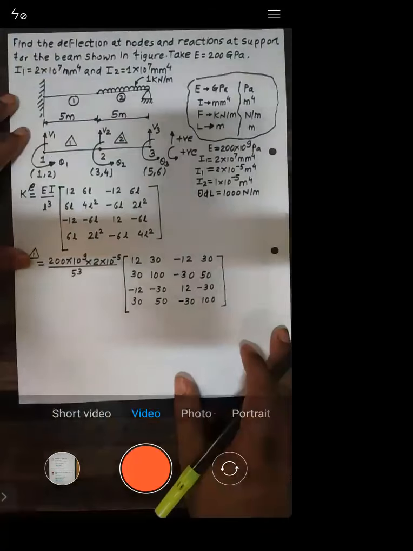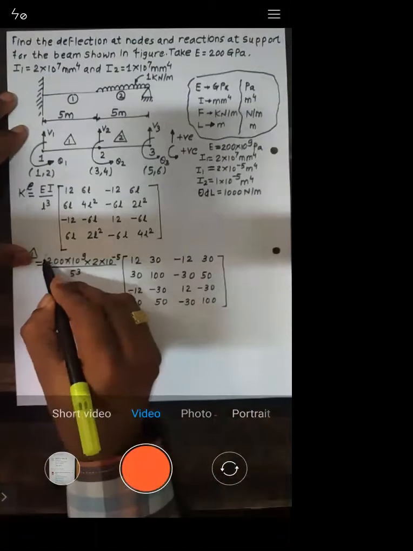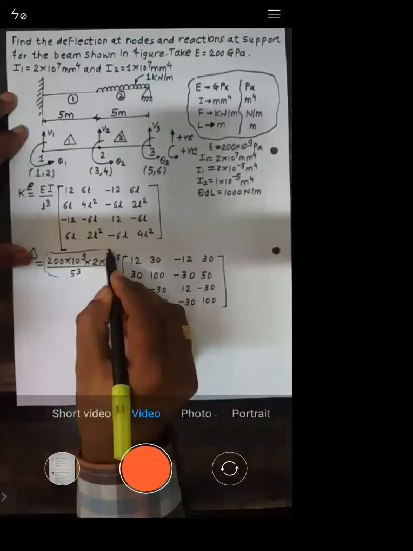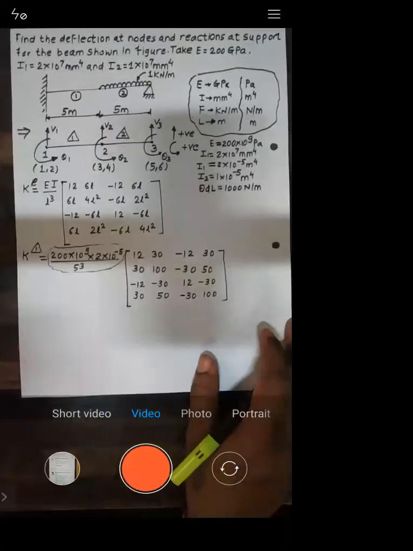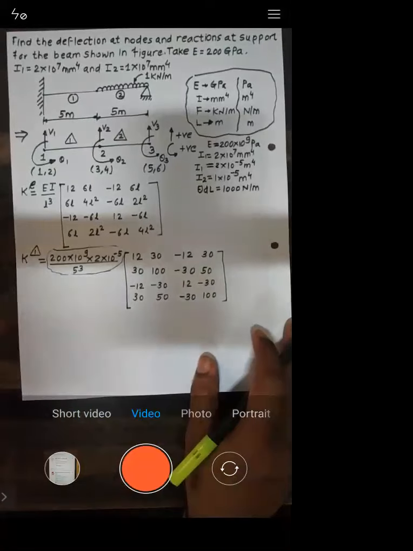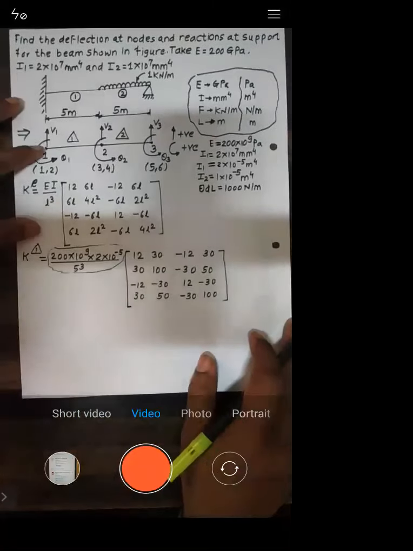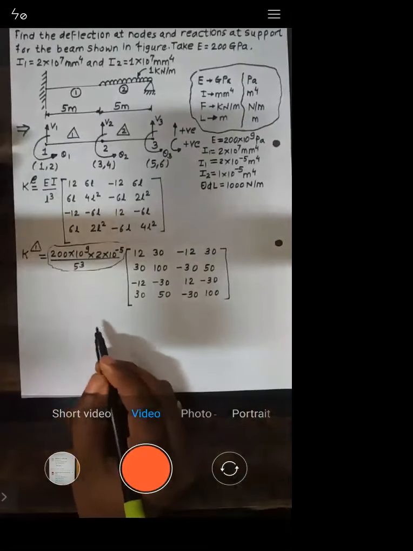So now, let me know this term, how much is it coming? 32,000. You are getting it as 32,000.